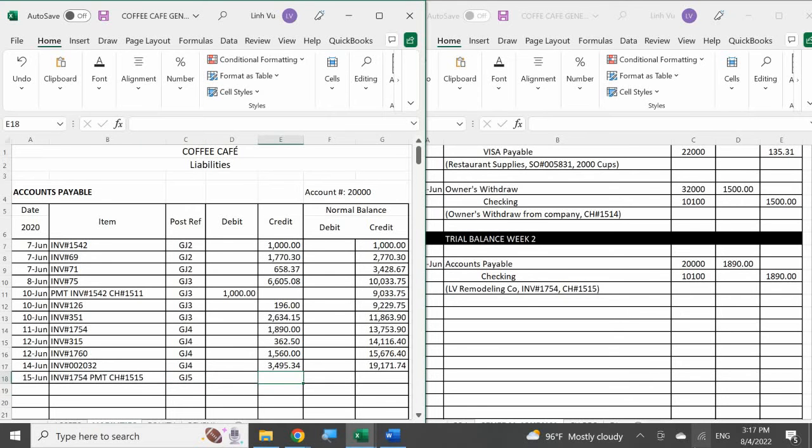So you could just say GJ5. Okay, it's 1890. Debit or credit?